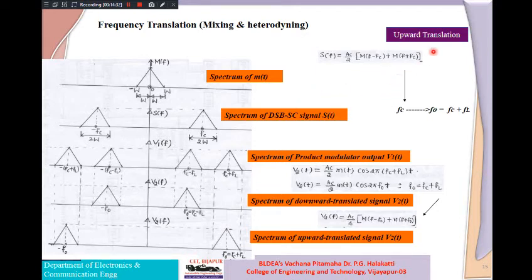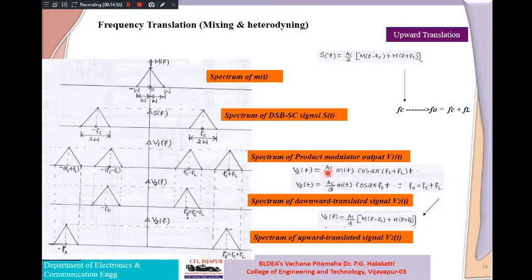Next you can see upward translation. Separately, we want to shift from fc to fc plus fl. In a similar fashion, I want you to work out the steps again; that will be homework for you.